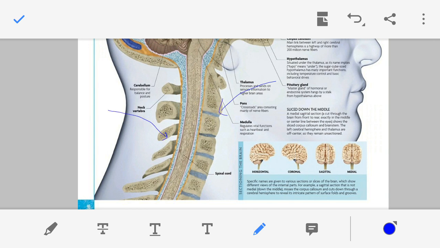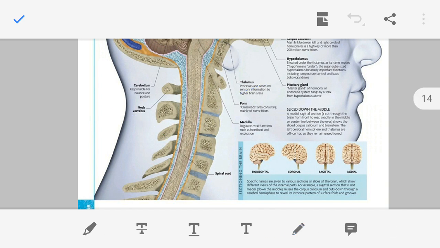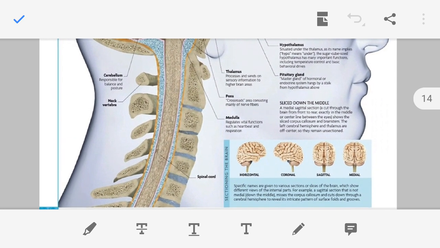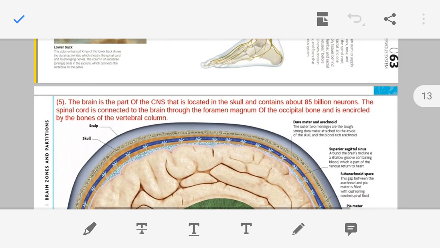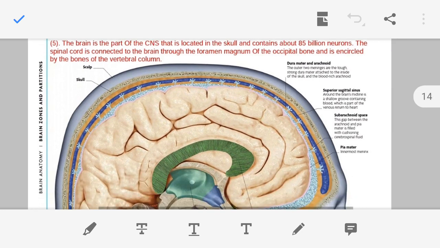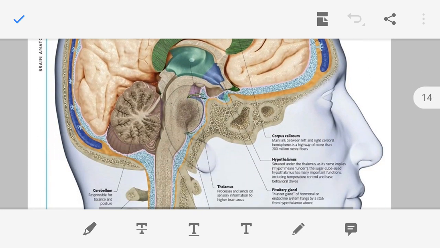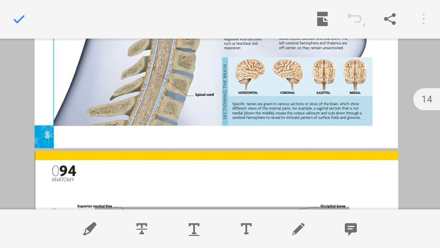So this is the vertebral column, and we know the vertebral column is made up of vertebrae. Vertebrae joined together and the vertebral column is formed, and in the cavity of the vertebral column the spinal cord is present. It is protected over there. So this is the fifth point of our discussion, the location of the brain and spinal cord.